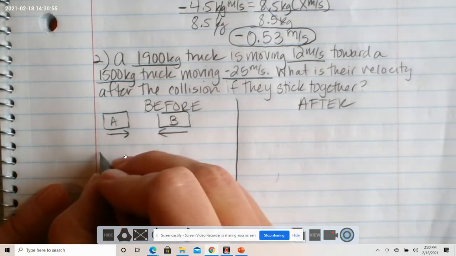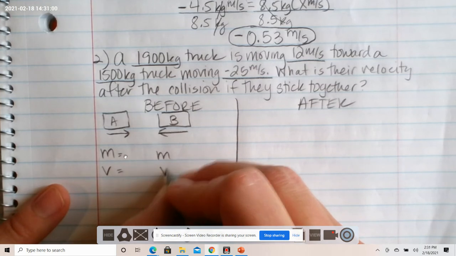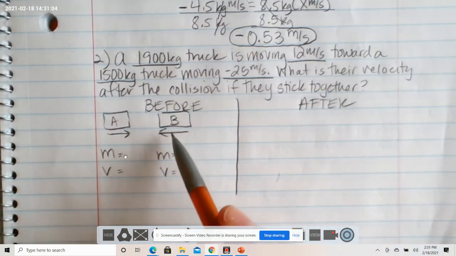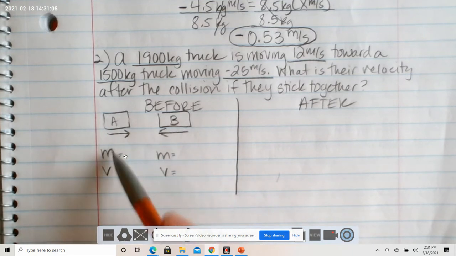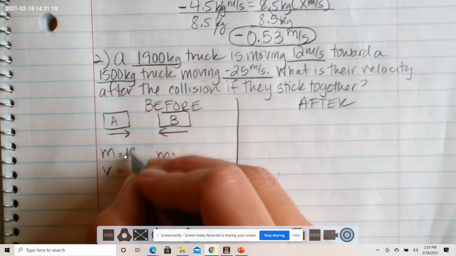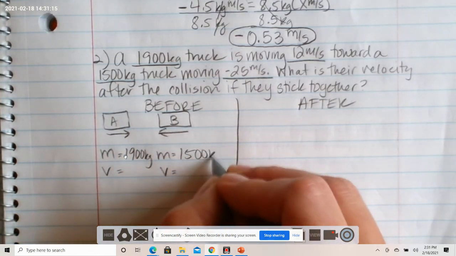So let's write those out, mass and velocity, because we still know that the beginning, even if it's inelastic, is going to always be the same as an elastic, where you have both masses and velocities separate. Okay, mass of the first truck, 1,900 kilograms. Mass of the second truck, 1,500 kilograms.